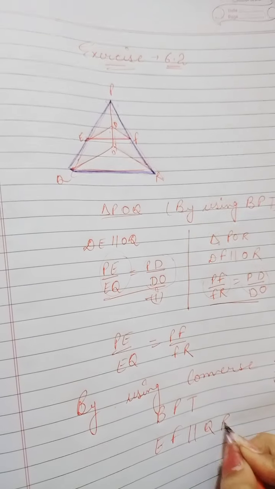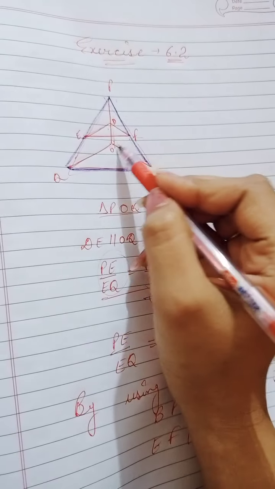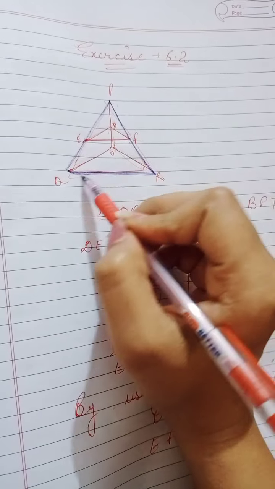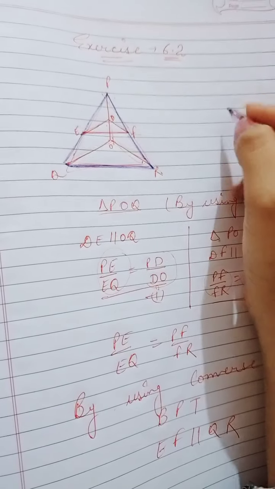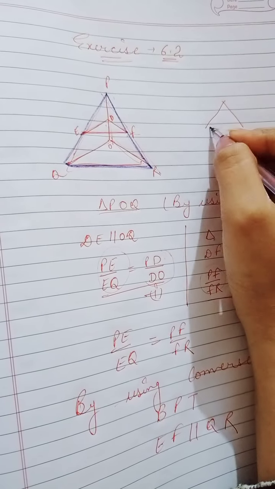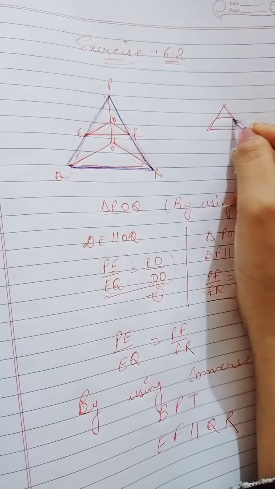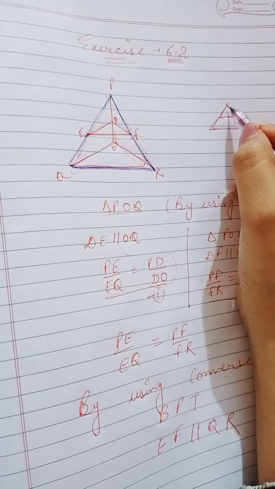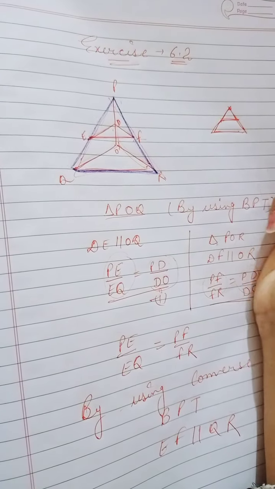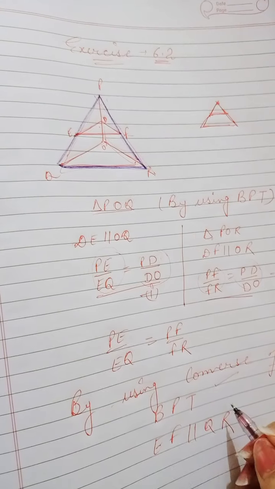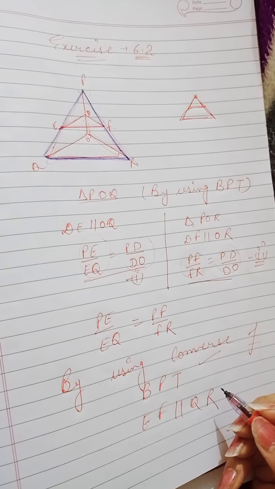This was the question: this parallel to this is given, this parallel to this is given, and you have to prove this parallel to this. Very simple. As you know very well, in BPT, whenever two lines are parallel, this upon this would be equal to this upon this. And converse means when this upon this equals this upon this, then the lines become parallel. Here we have used the converse of the basic proportionality theorem.